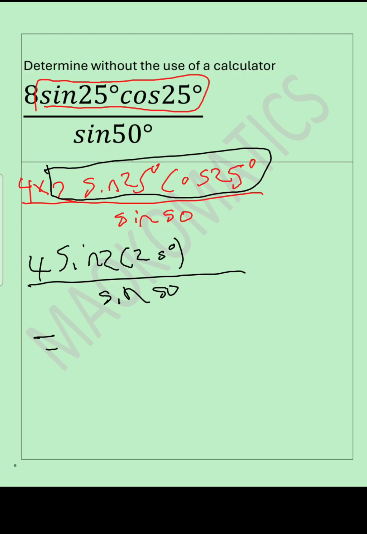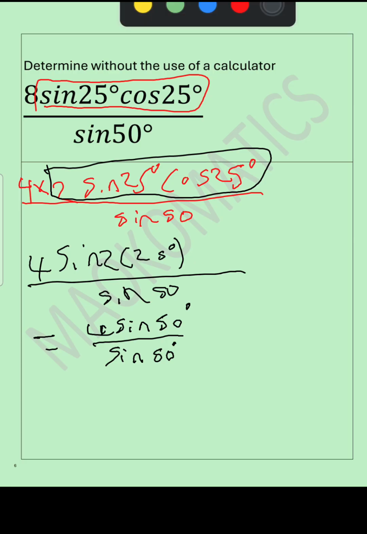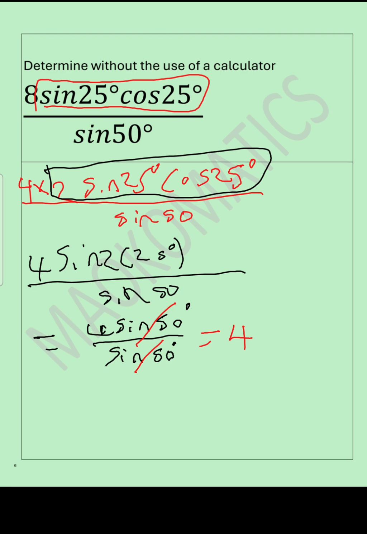This equals 4 sine 50 over sine 50. Now sine 50 cancels sine 50, then the answer is 4.